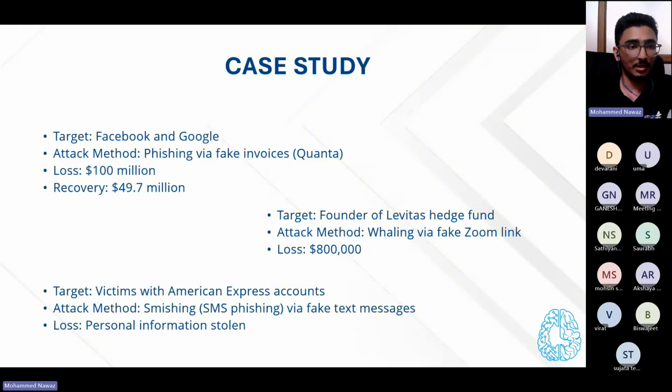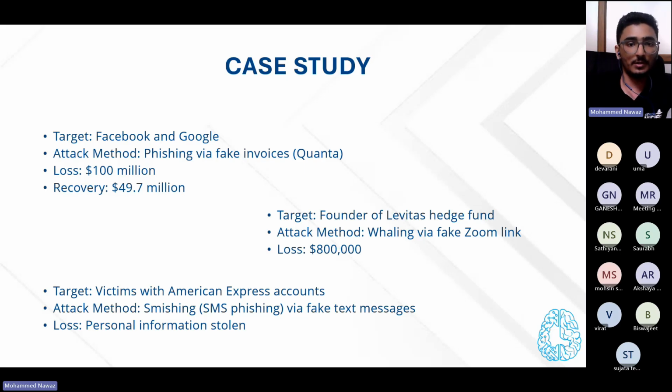The user clicked and was redirected to some random page, or a file was attached and downloaded and run on their system, and they lost $100 million, and they recovered 49 million dollars.